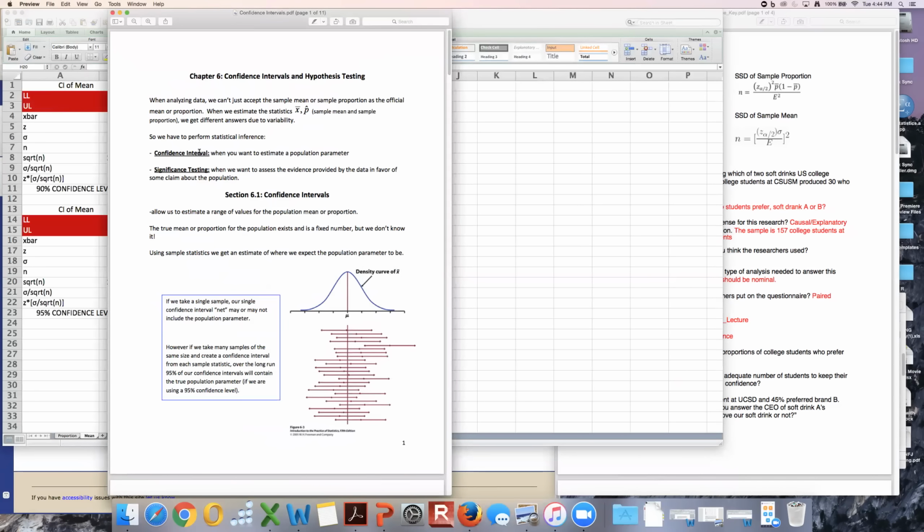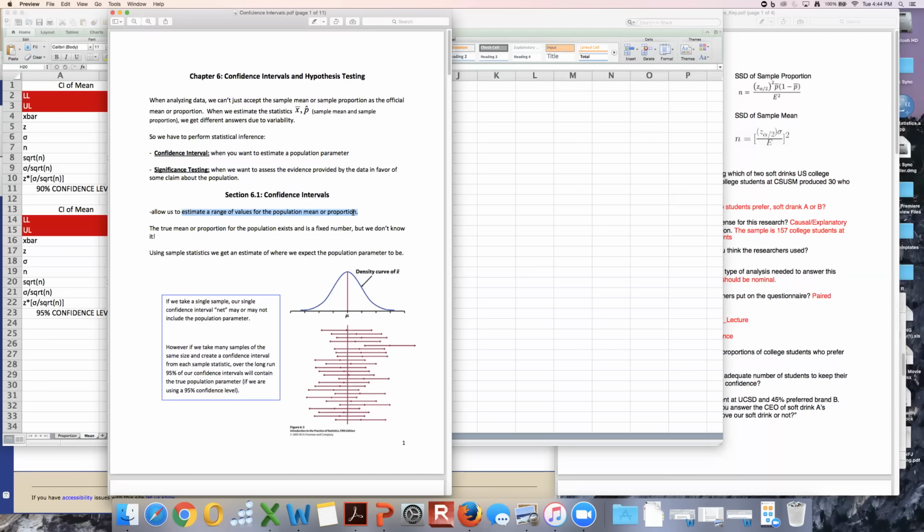a confidence interval is when you estimate a population parameter. Remember, we care about the population, not the sample per se. And so we do this so that we can estimate a range of values for the population mean or proportion, which could be a percentage. We calculate those values, and then we see how our sample mean measures up.